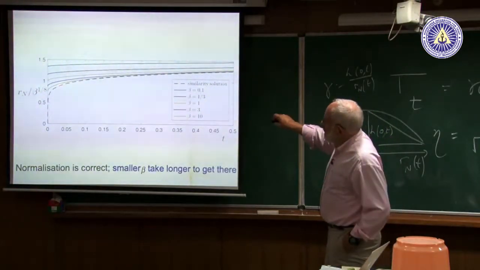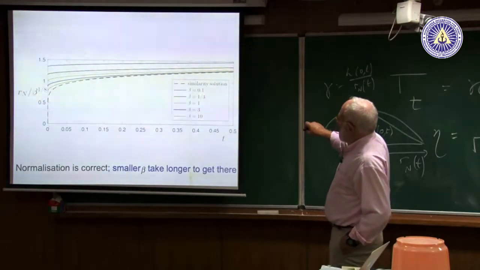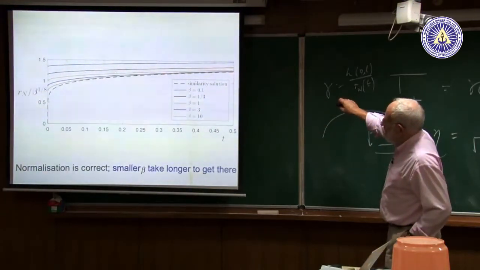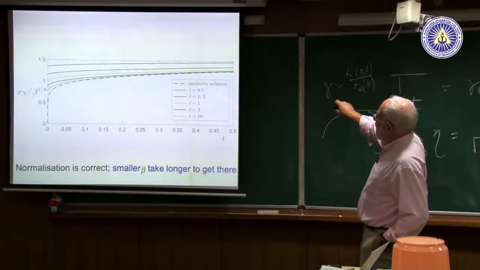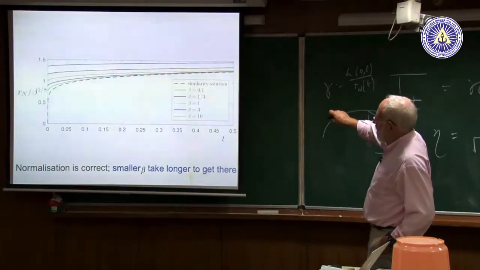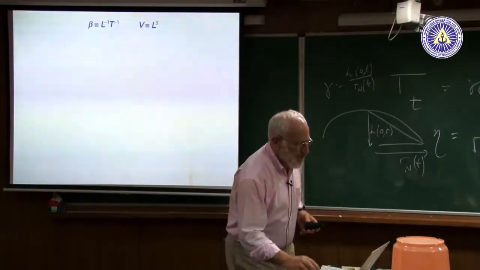And now here is the solution of this for different values of beta. So you're just changing that parameter, and you see that they all approach the similarity solution, but for smaller beta, 0.1, it takes longer to get there. So time really makes a difference as far as beta is concerned.